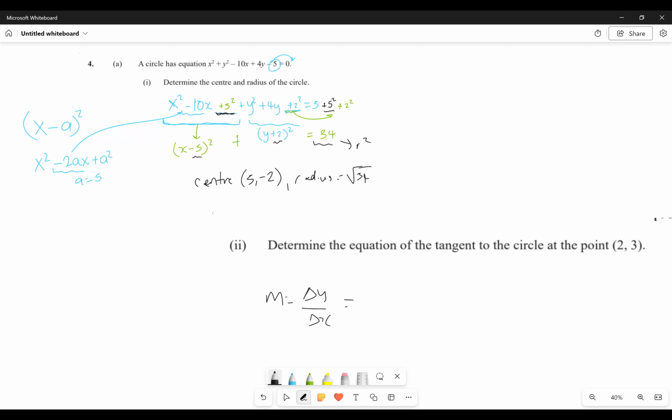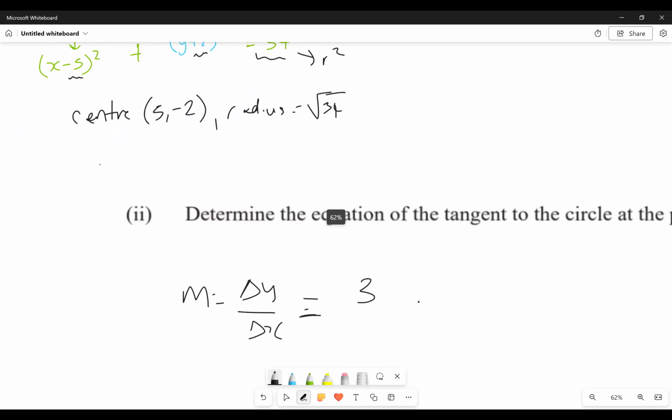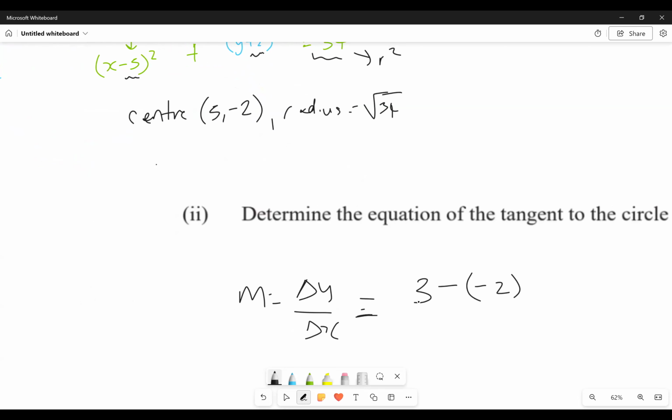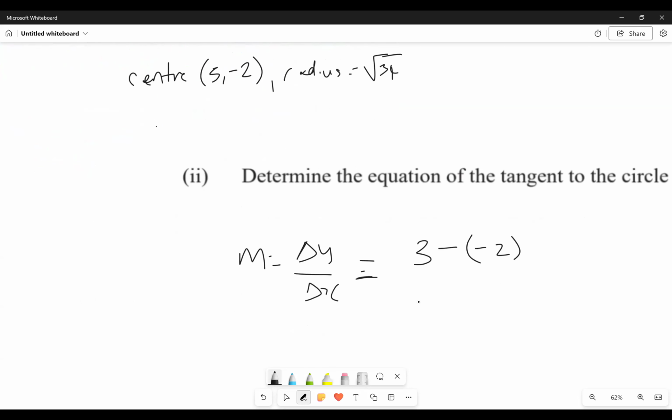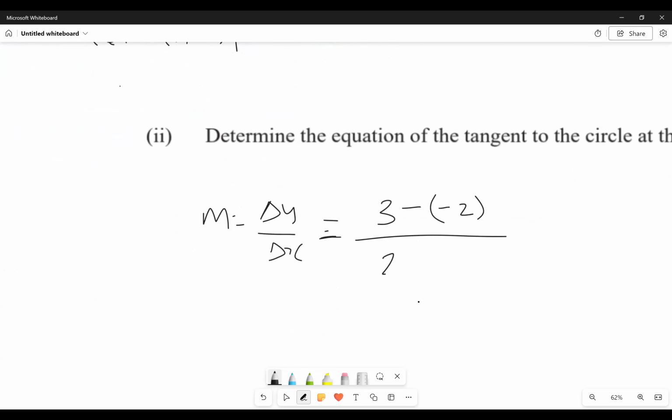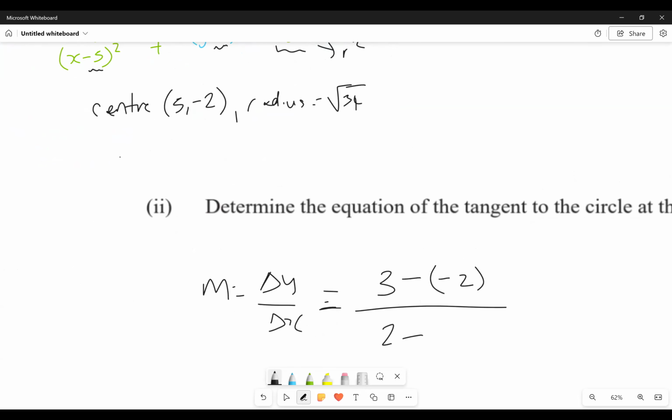In this case, the change in y is going to be 3 minus -2. So this 3 comes from here, this -2 comes from here. And that's divided by, keeping the same order, 2 minus 5.